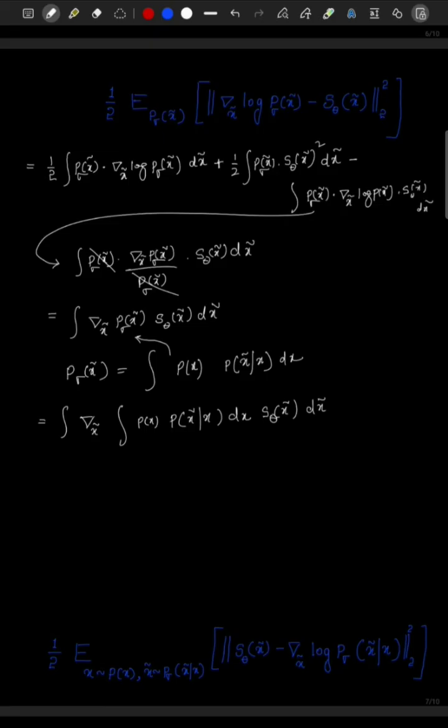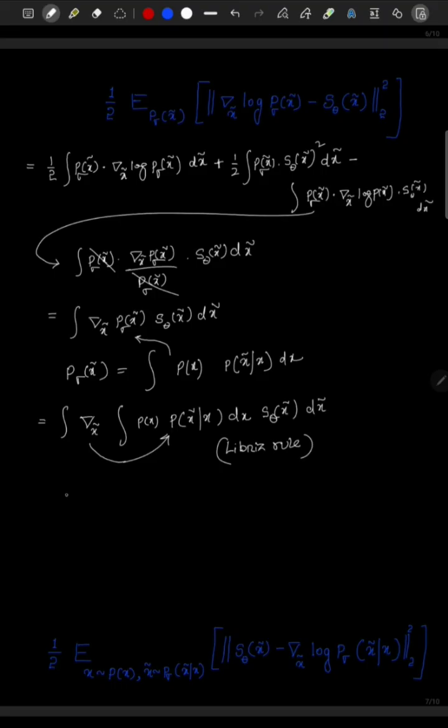Now simply what we need to do is apply another rule called the Leibniz rule, which will help us bring this gradient with respect to x tilde to the position of the probability of x tilde given x.